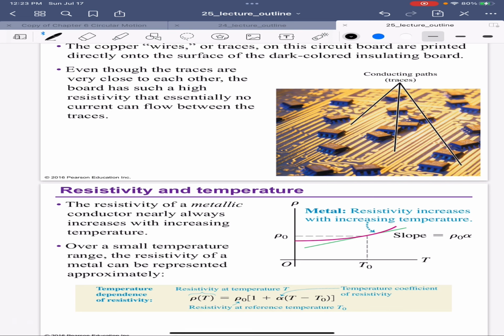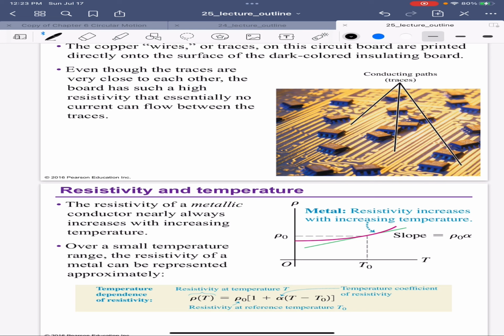Now you need to know that resistivity changes with temperature. The resistivity of a metallic conductor nearly always increases with increase in temperature, because the motion of the carriers increases with temperature.